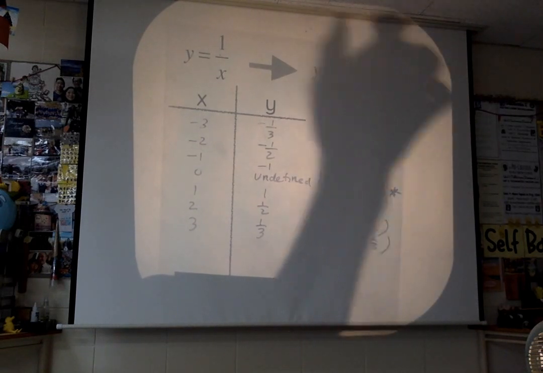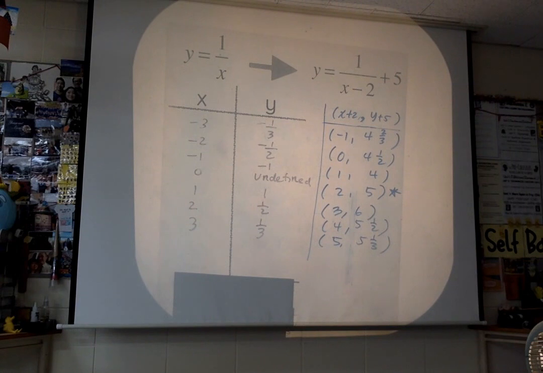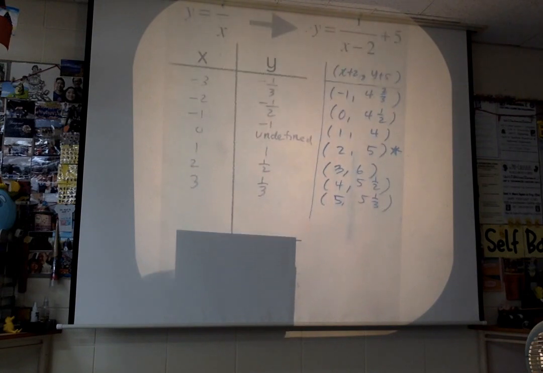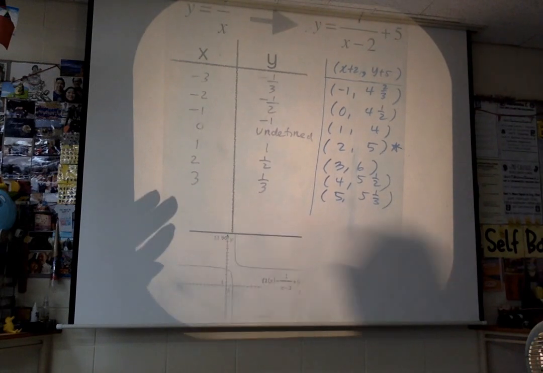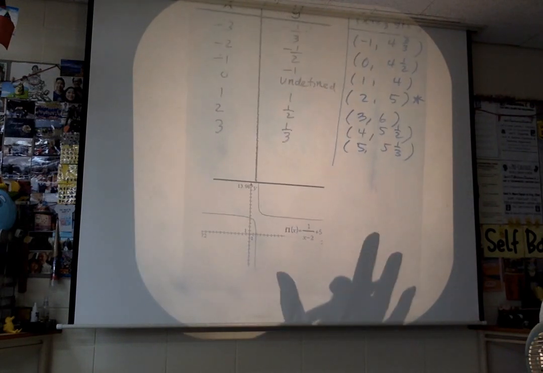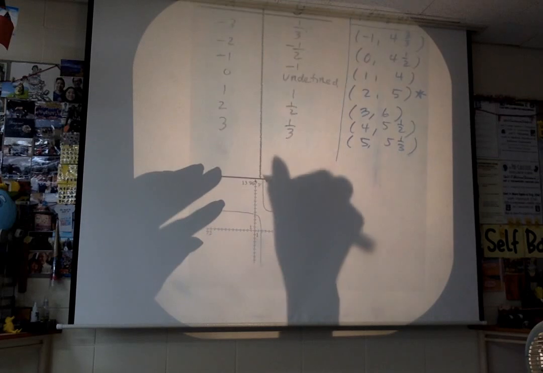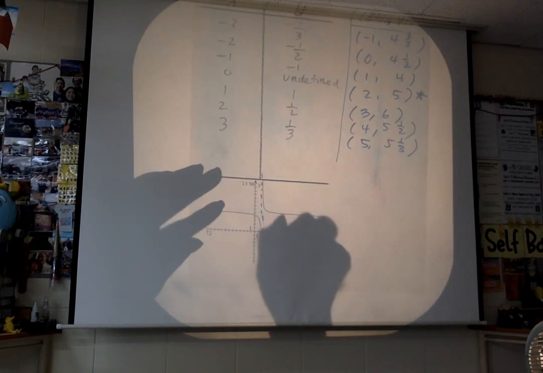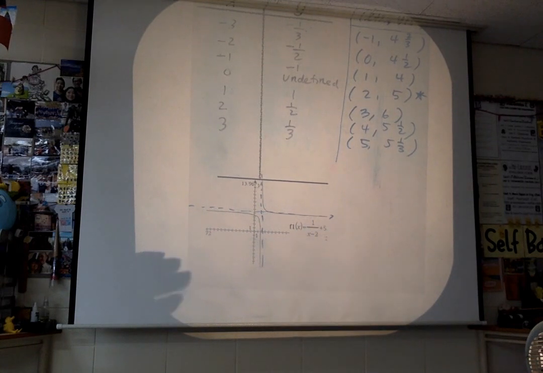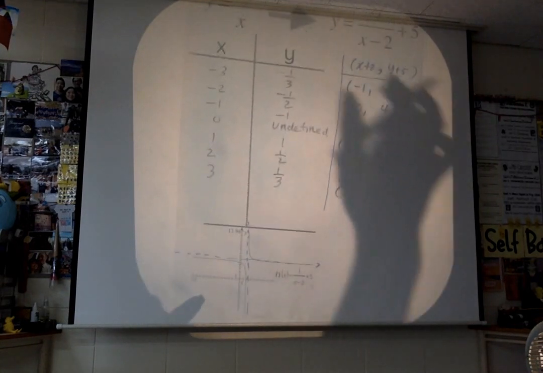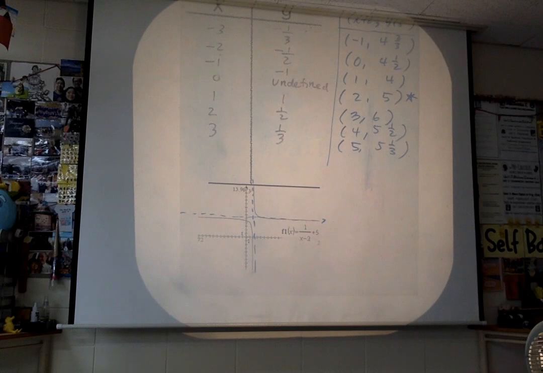Remember, I'm just applying the same transformations so I can be consistent with the way we've been graphing in class. Now you graph this exactly the way you see it, and this is how you get the exact graph, because we have a vertical asymptote at 2 and a horizontal asymptote at 5, like this. And these are the points of this. Try graphing it. I think you should be good for now.